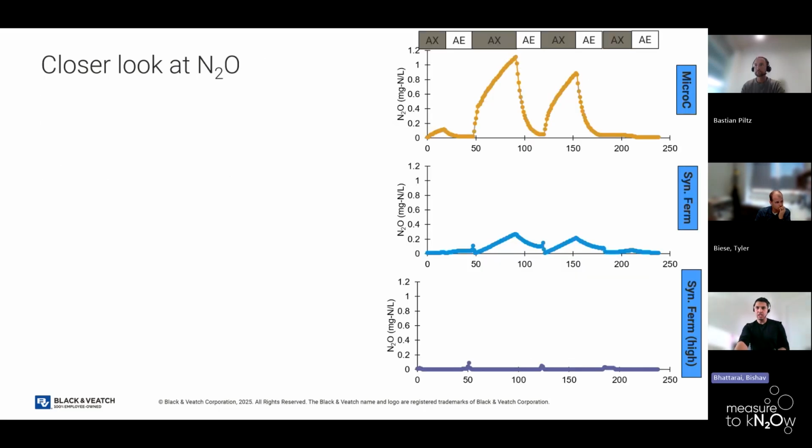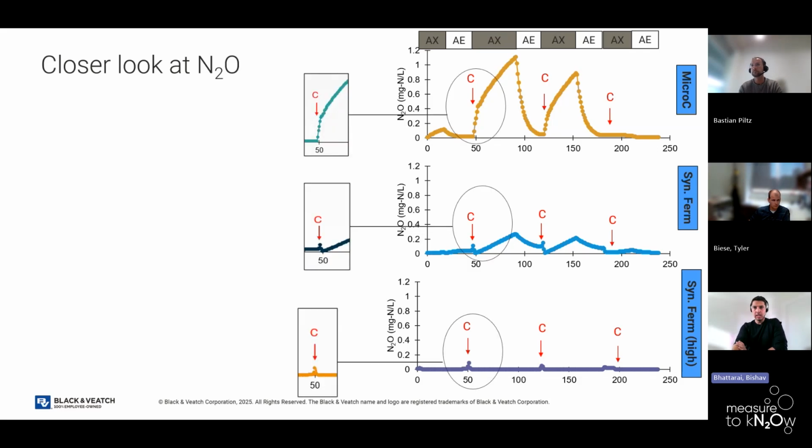If we take a closer look, I've split these plots into three different graphs: top being micro C, synthetic fermented in the middle one, and the higher dosing with synthetic fermented. And the carbon was being added at the locations highlighted by those red arrows.